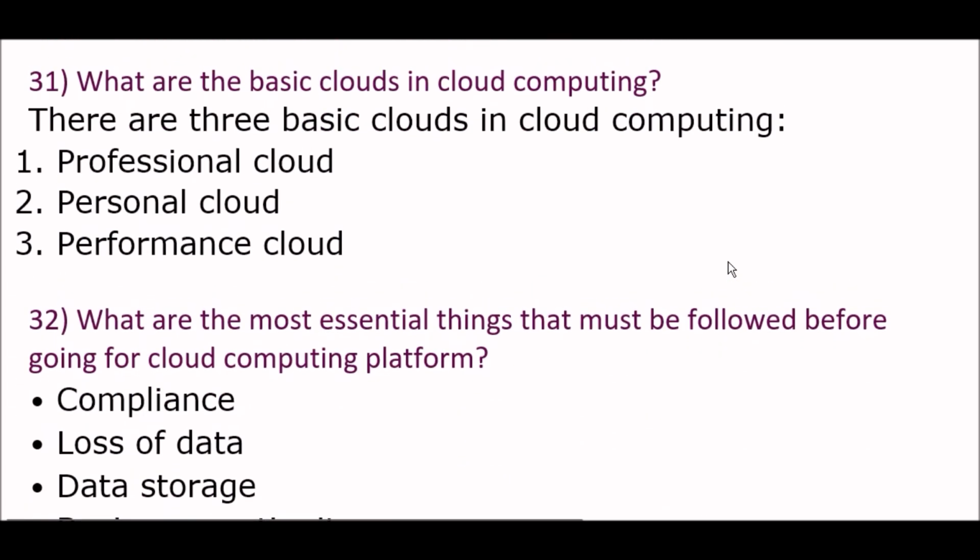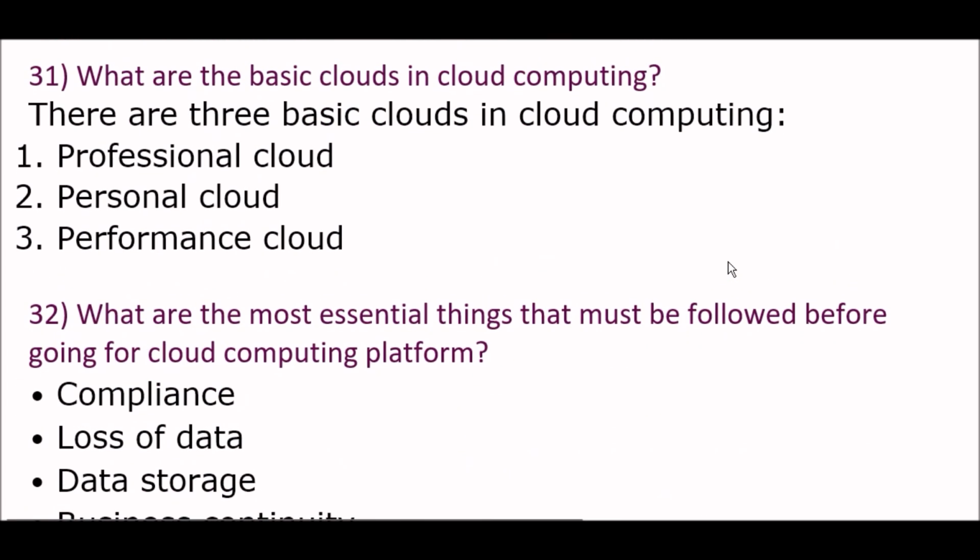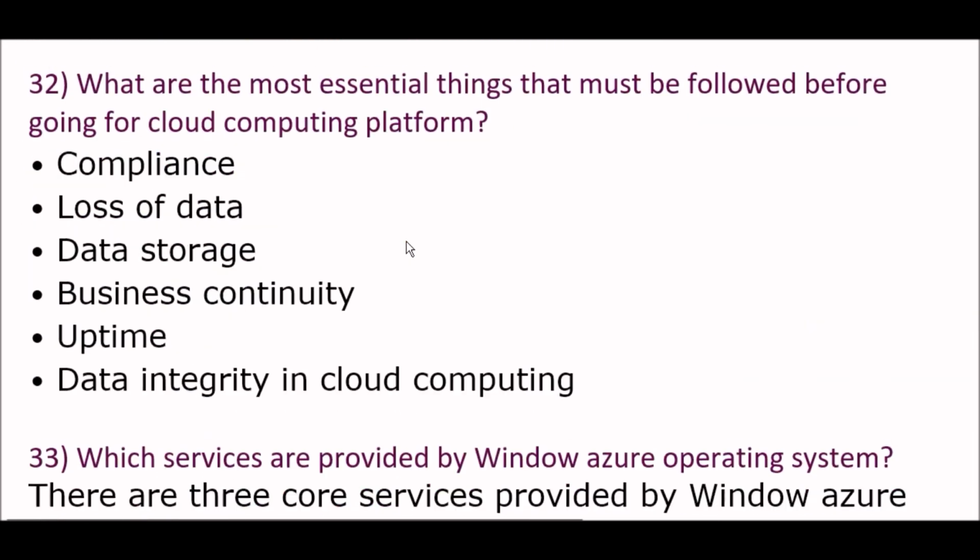Next question. What are the basic clouds in cloud computing? Answer is there are three basic clouds in cloud computing. First one, professional cloud. Next one, personal cloud. Next one, performance cloud. Okay, so they all are the basic clouds in cloud computing. Next question.